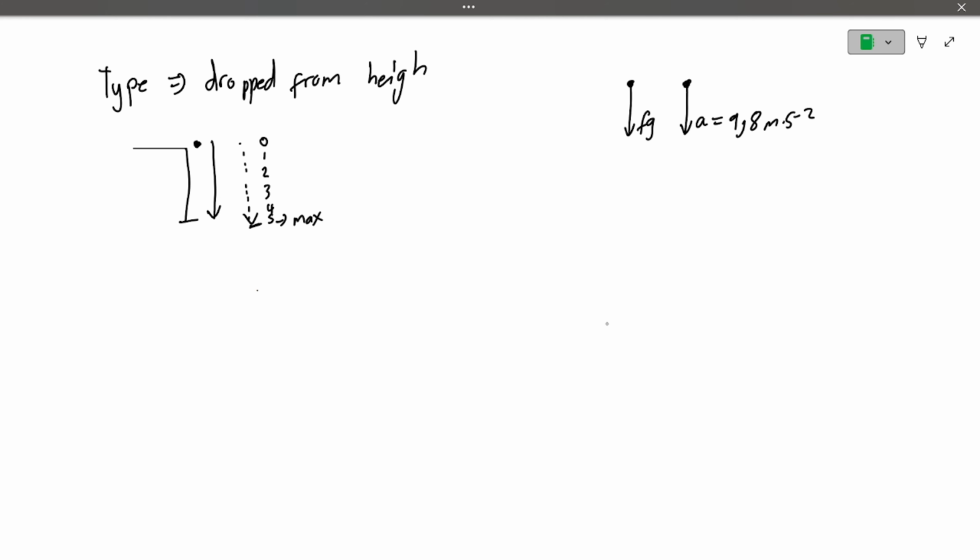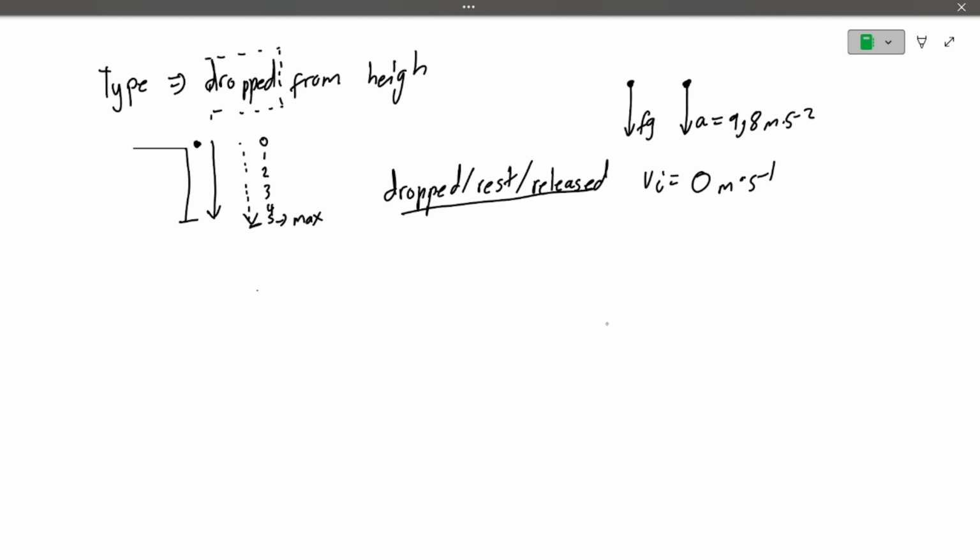It's going to be 1, 2, 3, 4, 5, and then the maximum velocity will be when the object is about to hit the ground. One thing you need to know is that when you hear the word dropped, or from rest, or released, know that the initial velocity equals 0.